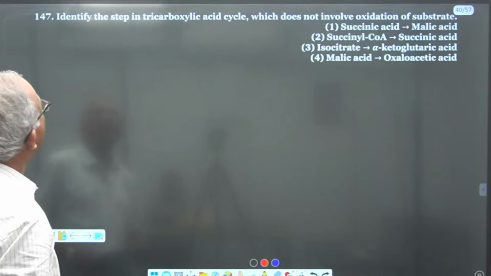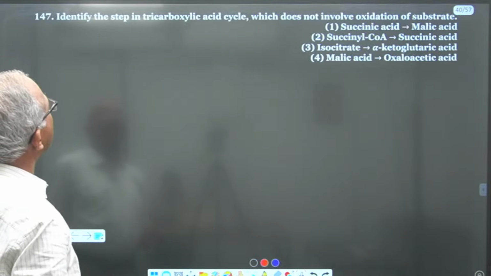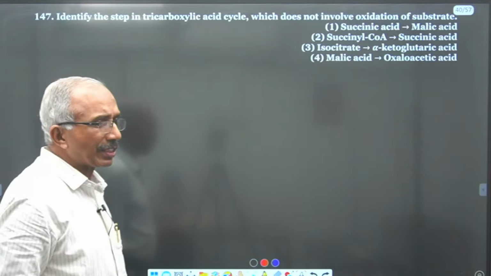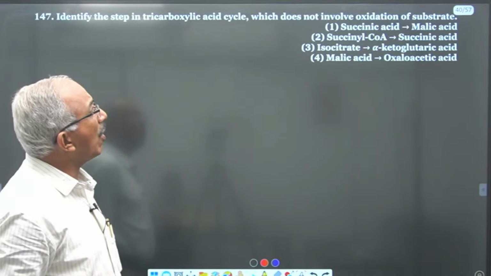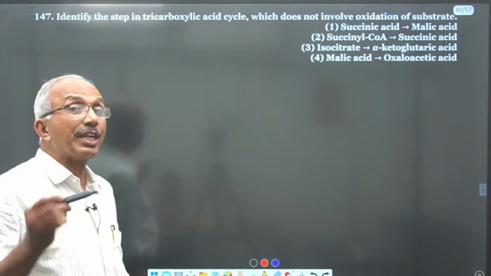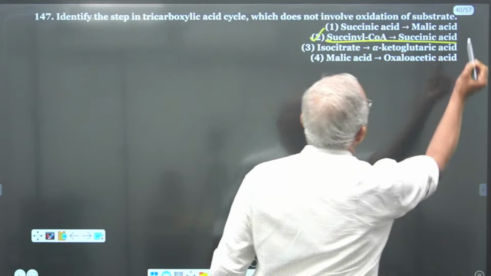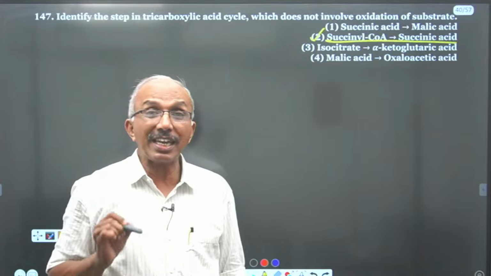Next, 147. Identify the step in the tricarboxylic acid cycle. There are 4 steps given. Which one is not involved in oxidation? There is oxidation of the substrate in the others. Answer is option 2, conversion of succinyl coenzyme A to succinic acid.